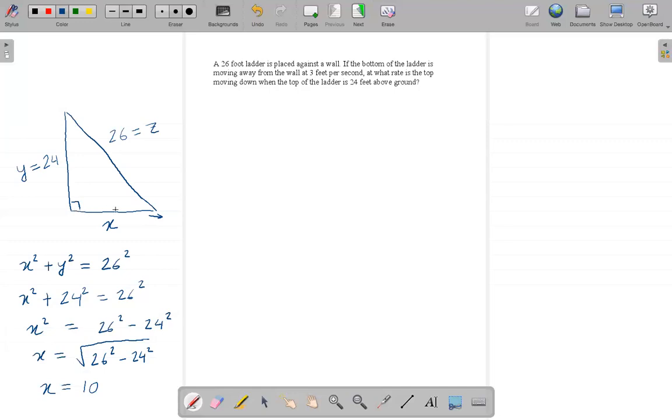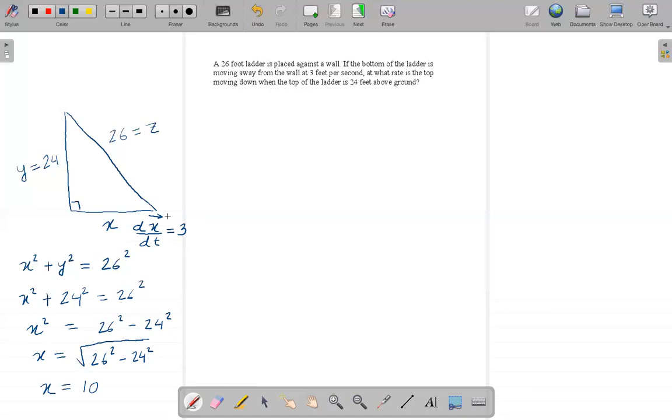So that means this x is changing at the rate of 3 feet per second. So I can write the rate of change of x, in terms of t, is 3, because I have 3 feet per second. So let me just write 3.